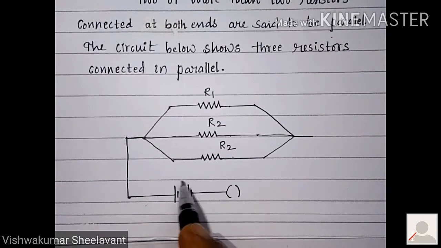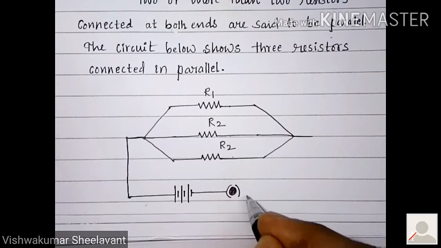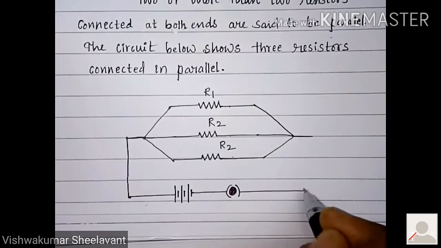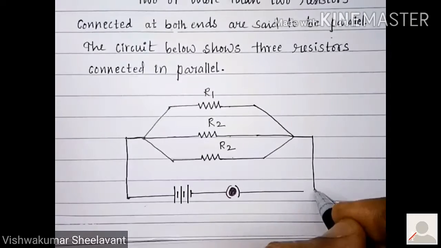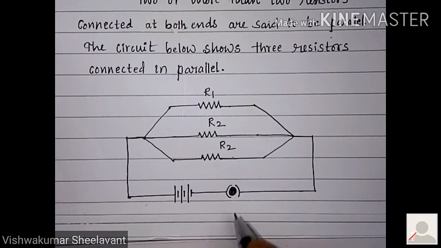How many cells are to be shown here? That is your choice. You can show one cell, two cells, three cells. You don't think that sir has shown three cells, I too have to show three cells only. This is key.